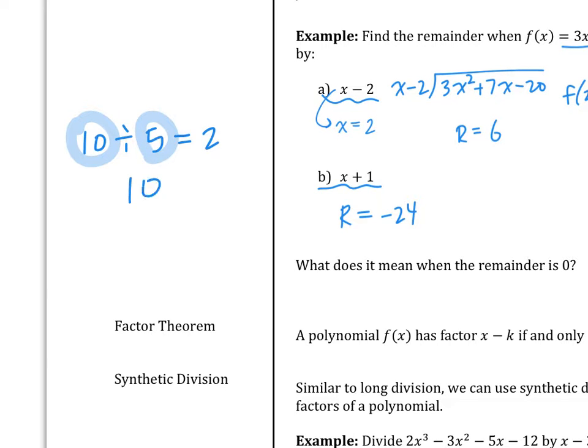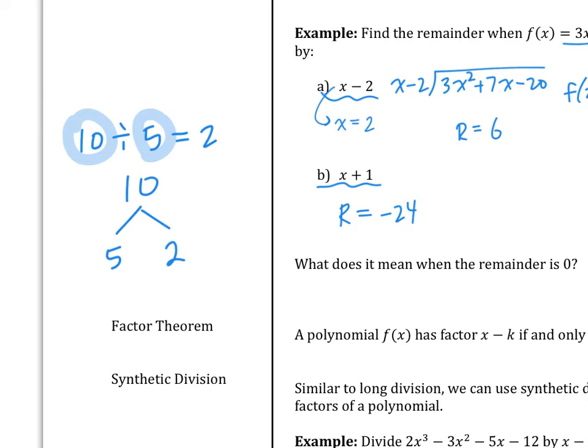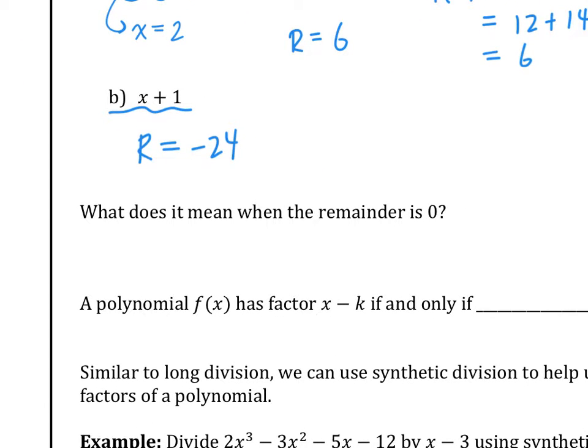Like for example, 10, if you do a factor tree, right? You have 5 and 2. 5 and 2 are the factors of 10. Makes sense? So if you take 10 and divide by any of its factors, you will always get a remainder of 0. So if you take a polynomial and you divide by a factor, the remainder is 0. What does that mean about that thing you divided by, that divisor?